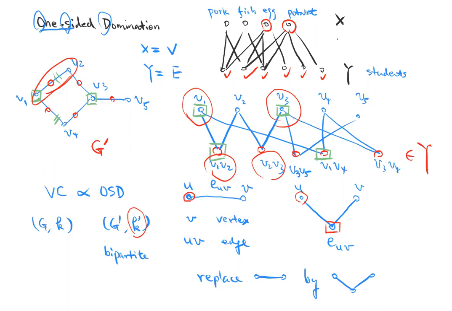So the next example is the dominating set problem. It's a general dominating set problem. Again, it's a very fundamental problem and extremely useful. This problem asks: do there exist at most K vertices such that every vertex is dominated?